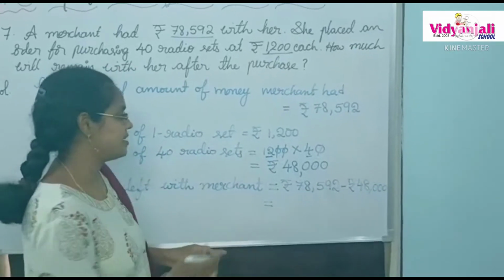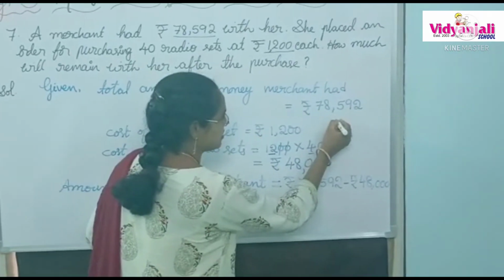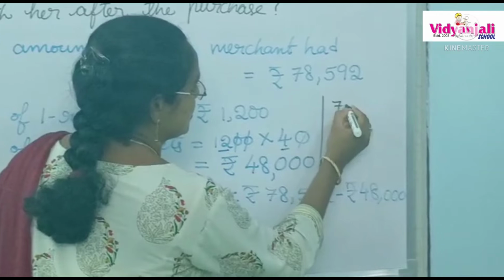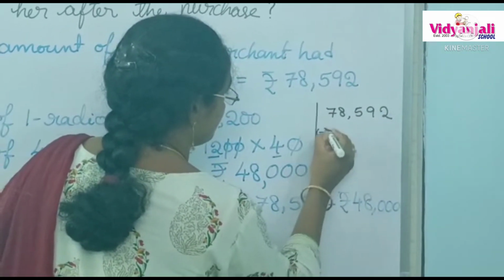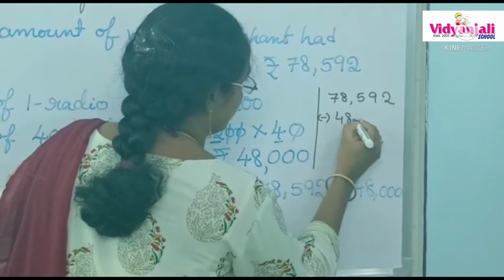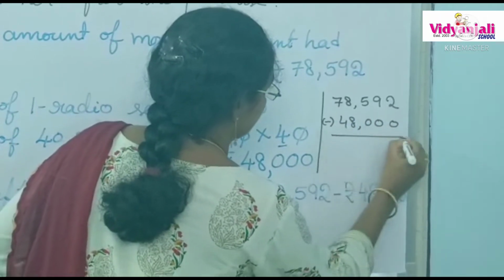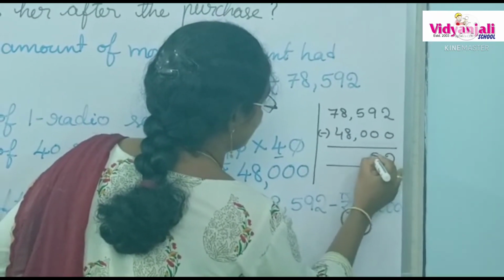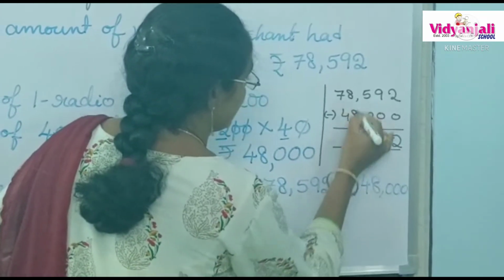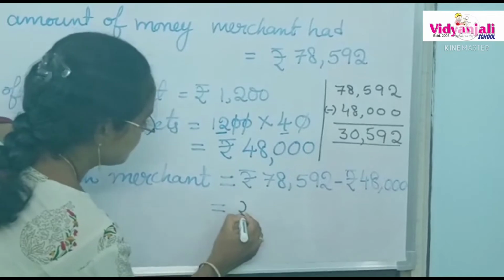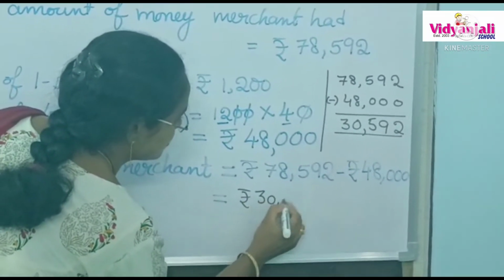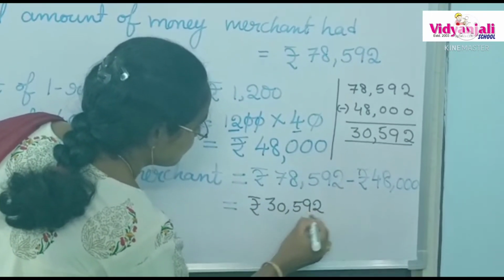Here I am finding the difference, children. 78,592 minus 48,000. So 2, 9, 5 and 8 minus 8, 0 and 7 minus 4, 3. That means 30,592.